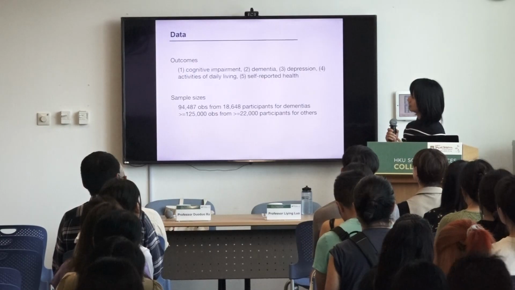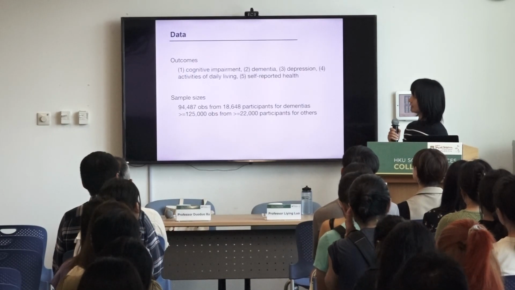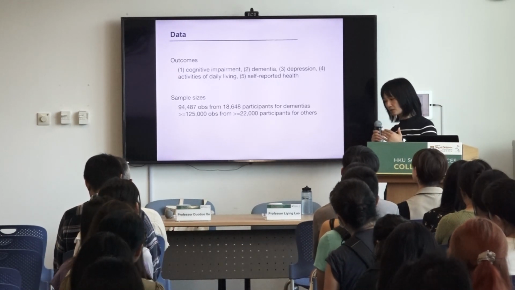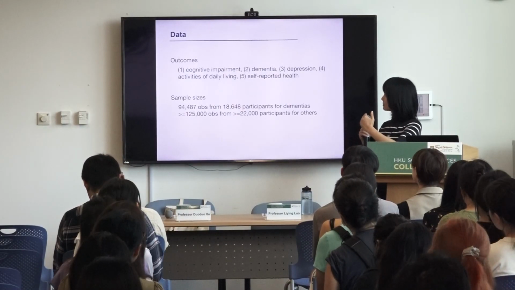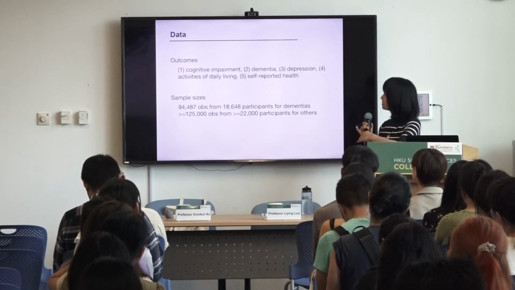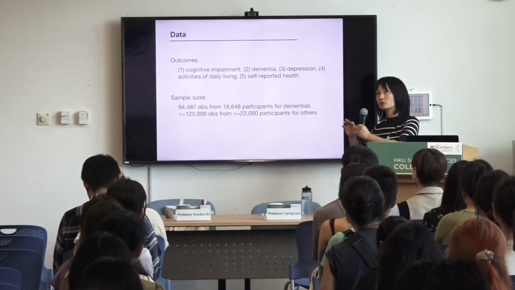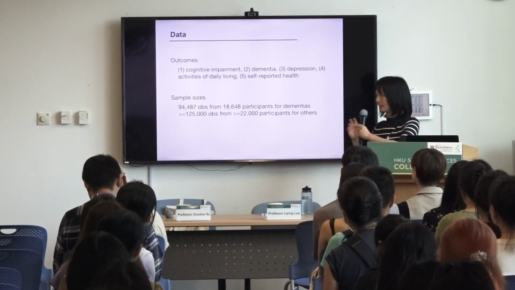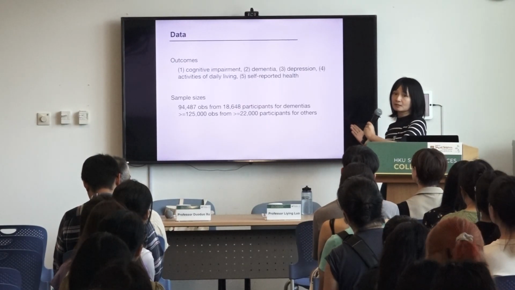Depression, limitations in activities of daily living, and self-reported health are all based on self-report, whether they experience those limitations, depression, or poor general health. By the way, self-reported health is dichotomized too: poor or fair health compared to good or excellent health. We have fairly large sample sizes.